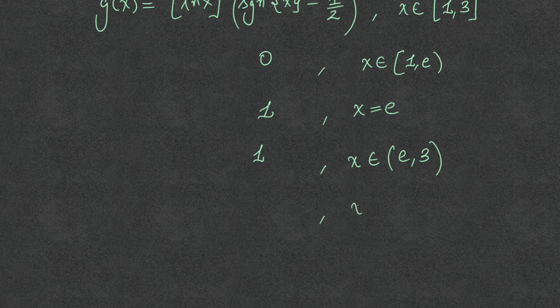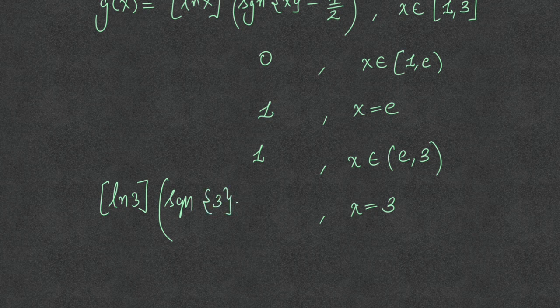Now at x equal to 3, we get the greatest integer of log 3 times signum of fractional part of 3 minus half. Since log 3 is greater than 1 but less than 2, the greatest integer is 1.